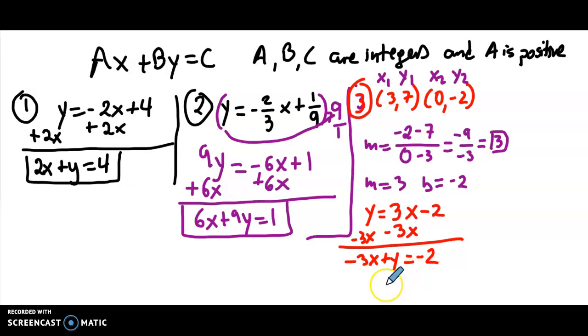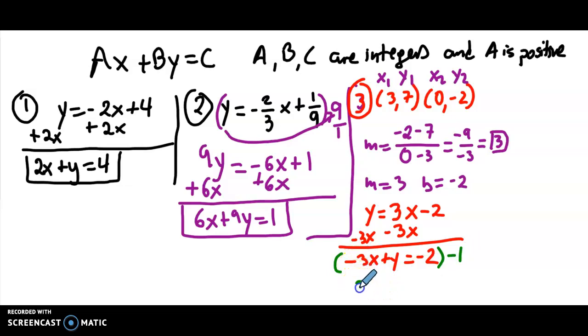I'm almost done. We prefer the A value, the integer or coefficient in front of the x, to be positive. This is negative, so let's do one more step here. I will multiply everything in this equation by negative 1. That's how I'm going to fix a negative.